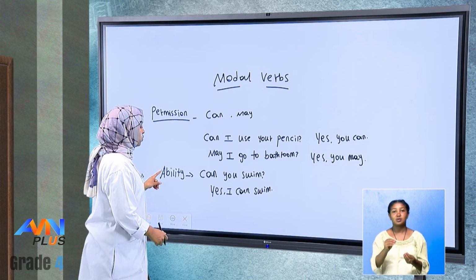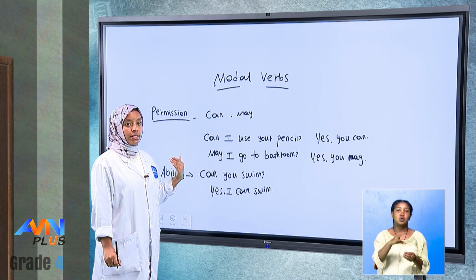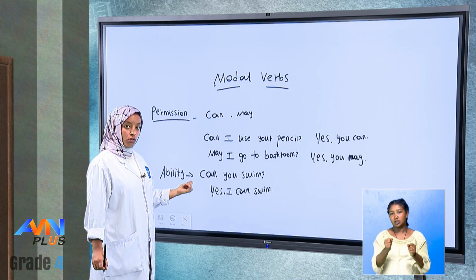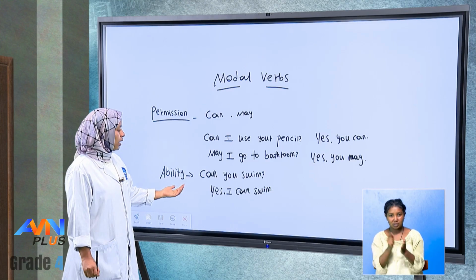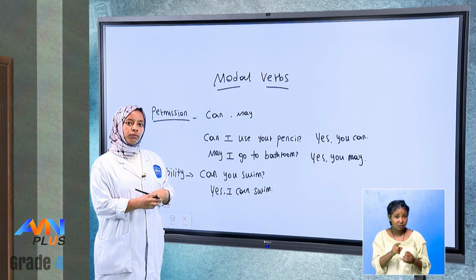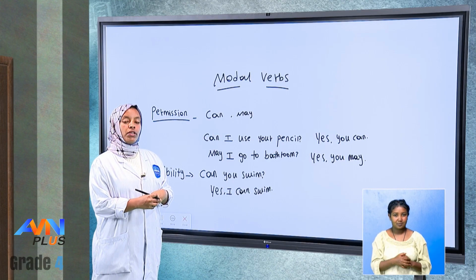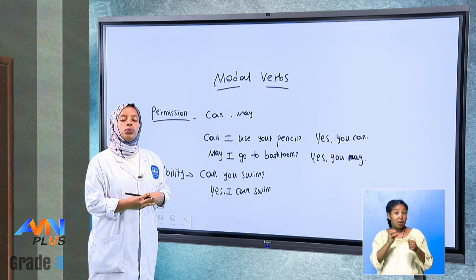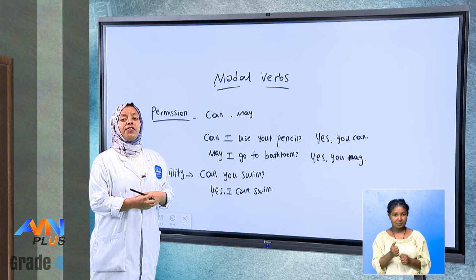And also we can use could as the past tense. We can also use could with ability too. For example, let us add, can you speak French? Yes, I can speak French. Maybe you can't. No, I can't speak French.